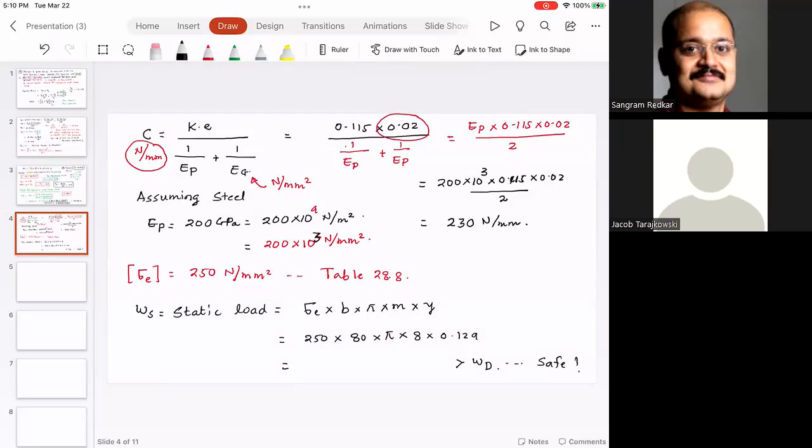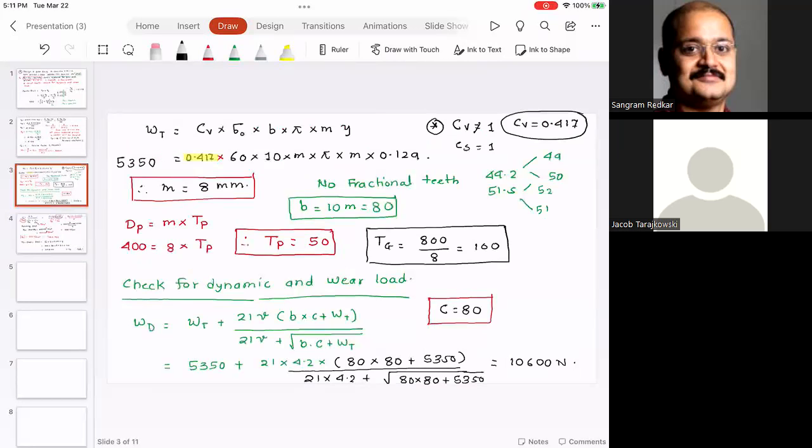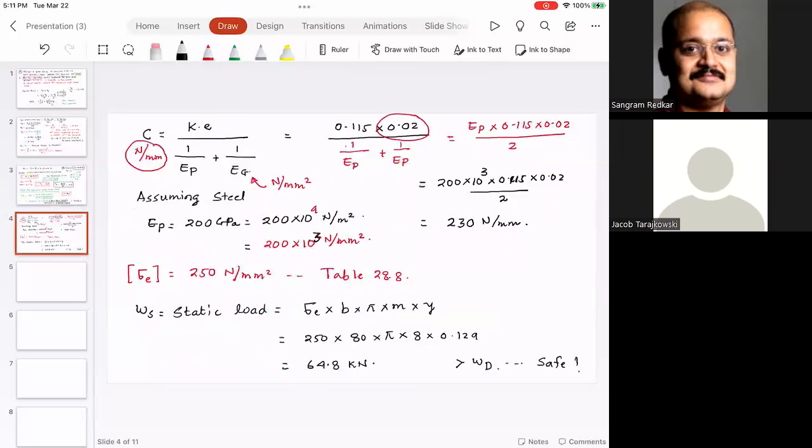64.8 times 10 to the 3. And the load value here is 10.6. Can you see the dynamic load was 10.6 kilonewton and the static load is 64.8. So I'll just write this down, WD is 10.6 kilonewton, which means design is safe.